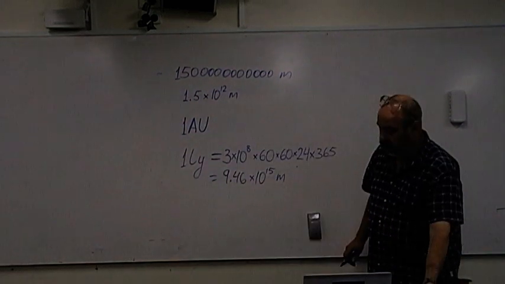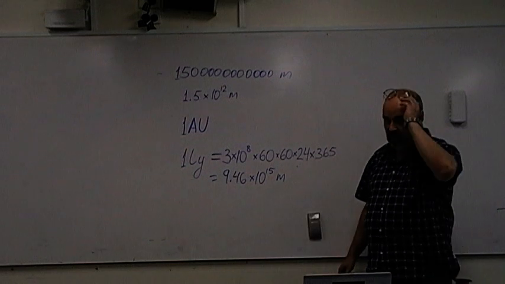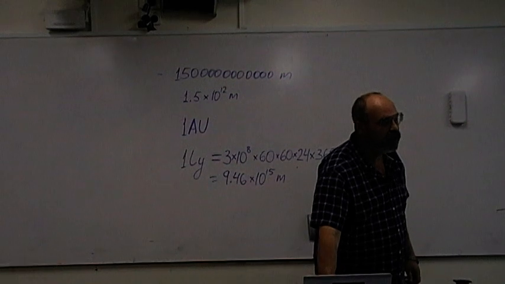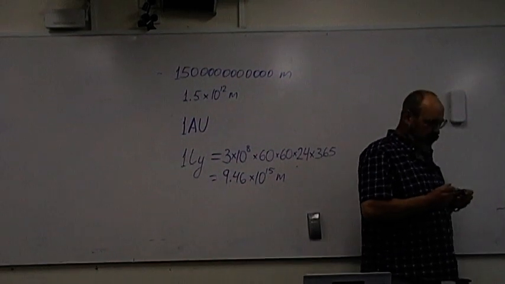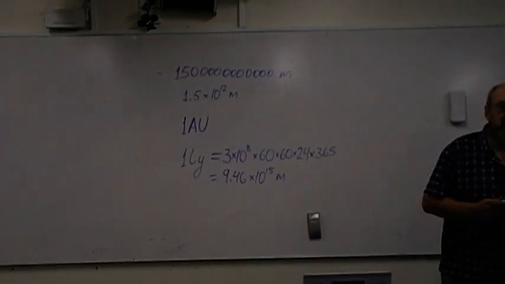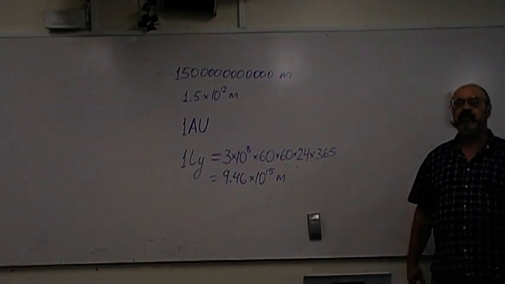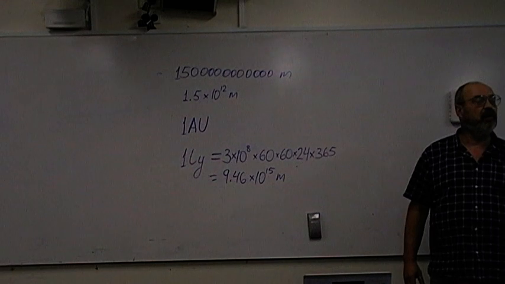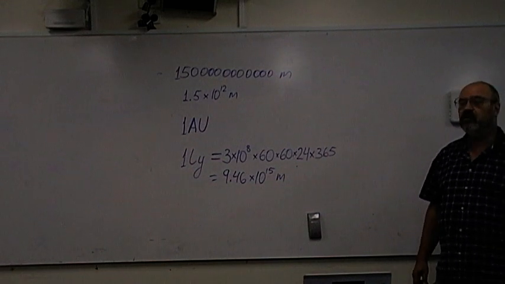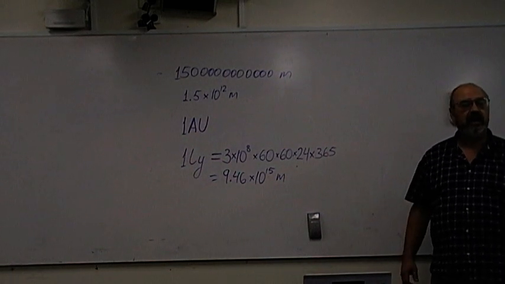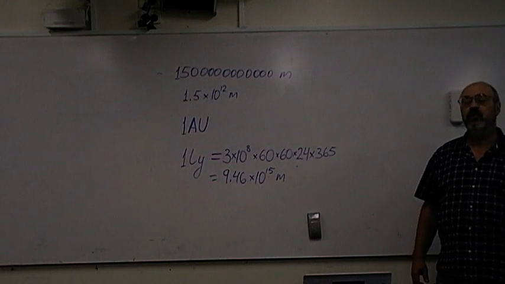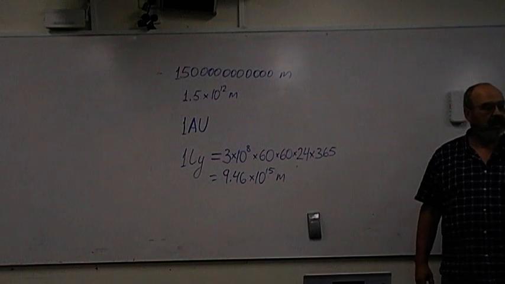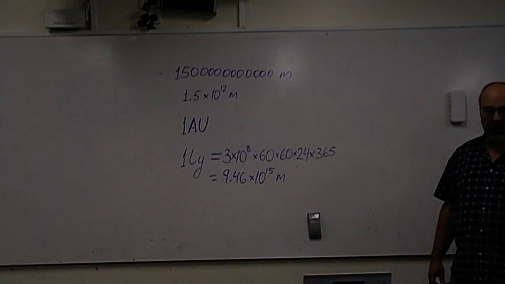So a light year, as you can see, is quite a big distance, how far light travels in 1 year. But still it's not a very big unit for space, because even the closest star to us, except the Sun, is about 4 light years away, and many stars are thousands of light years away.